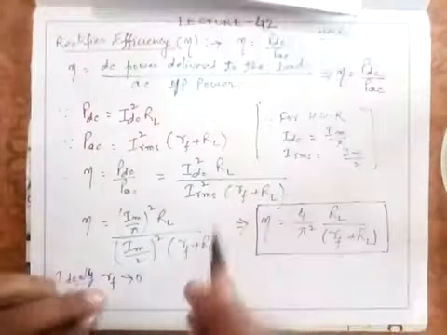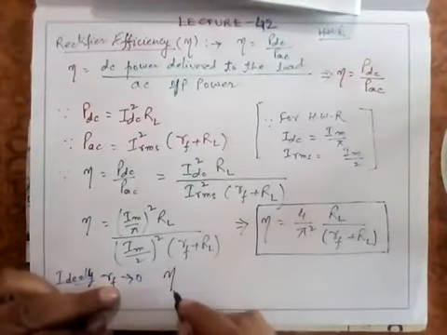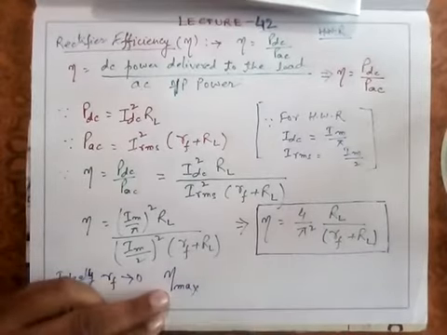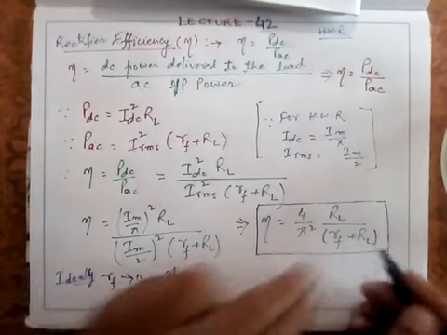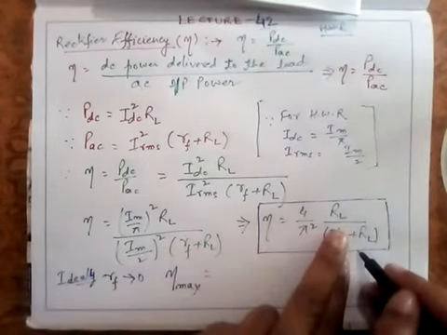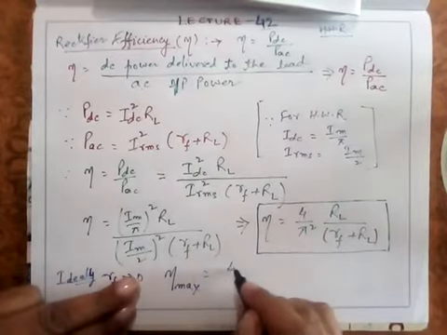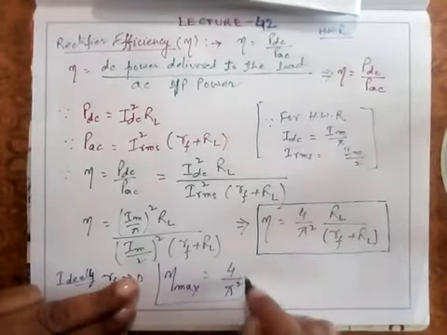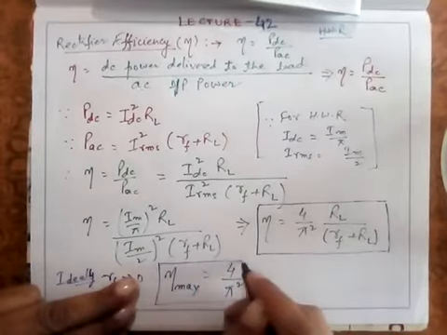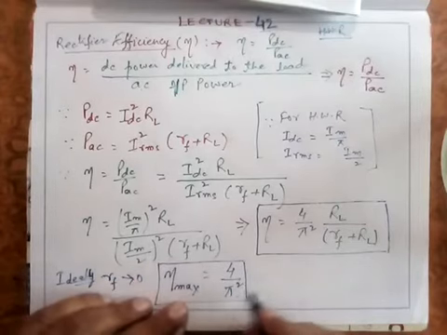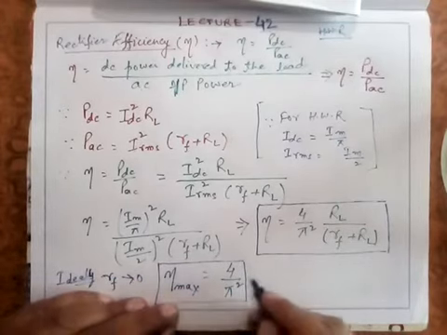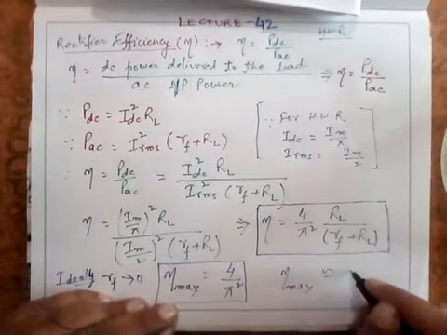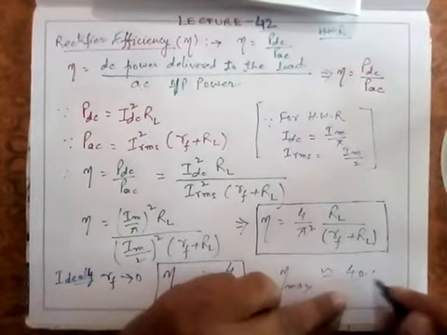Under this condition, eta maximum, the maximum efficiency of a half wave rectifier, is equal to, with RF as 0, RL and RL cancelling, 4 upon pi square. If I find it in percentage, multiplying by 100, eta maximum comes out approximately 40.1%, nearly like this.